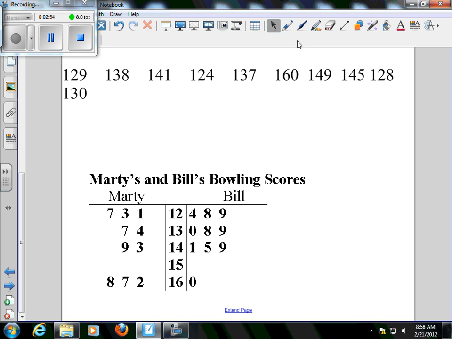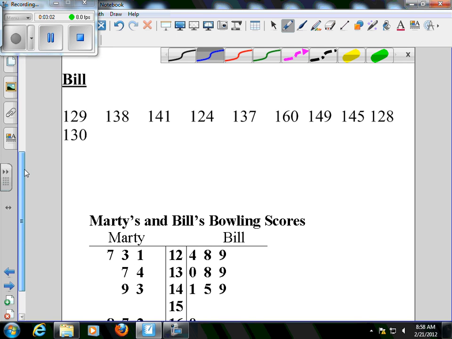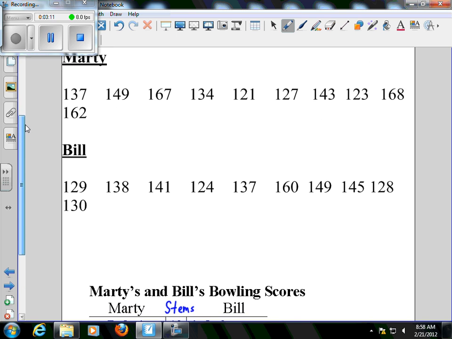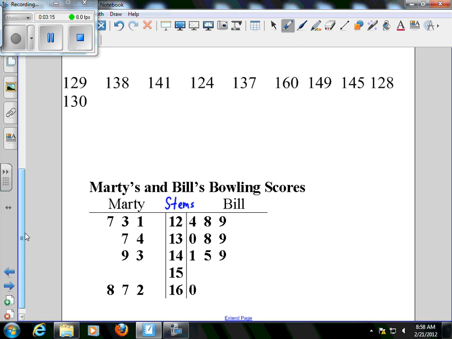Now notice our scores are 3 digits, so I'm probably going to use 2 digits to represent the stems in this case. The stems are right here in the middle. And it looks like all of our scores are in the 120s up through the 160s.